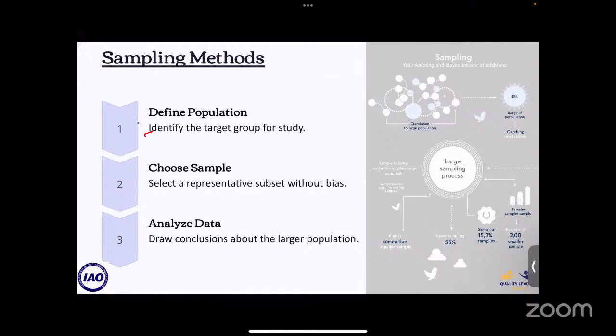One, define what the population is and define the target group. Then choose the sample, which is the representative subset without any bias, ensuring there is no bias at all. After that, you have to analyze the data and work on the sample you have for the study you are conducting. Following this, you generalize this study or research to the entire population.